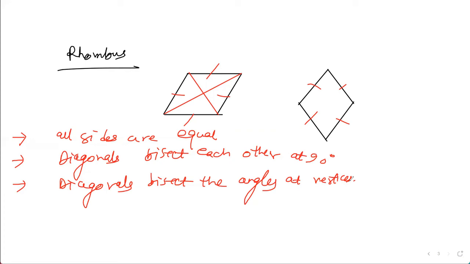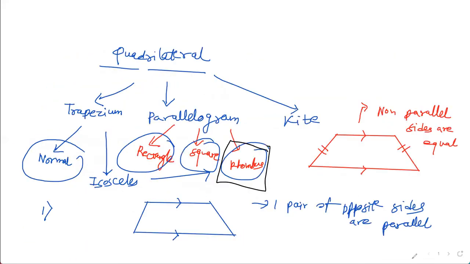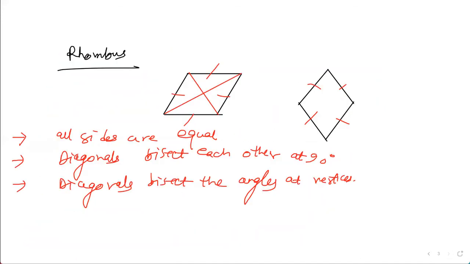Okay, so I guess the parallelogram, all the three types are pretty clear to all of you. Now we'll move on to the last major type, that is the kite. Now let's discuss kites. Kites look something like this. After seeing the figure, you all will get an idea of how a kite is going to be.